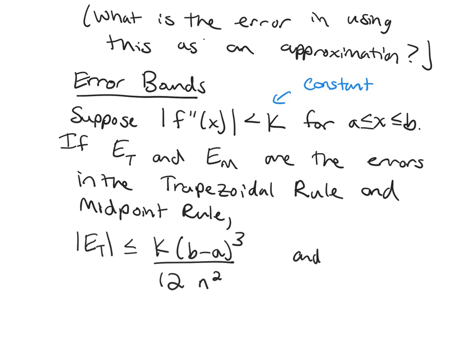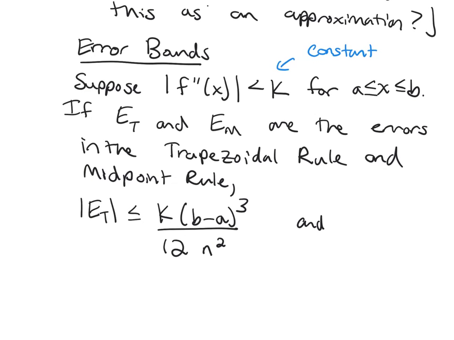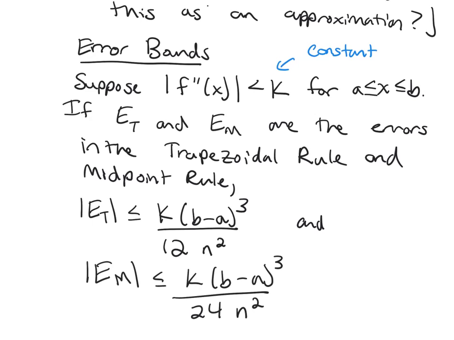And your bound for the midpoint rule looks very similar. The only difference is the constant has changed in the denominator. E sub m is less than or equal to k times (b minus a) cubed over 24n squared.